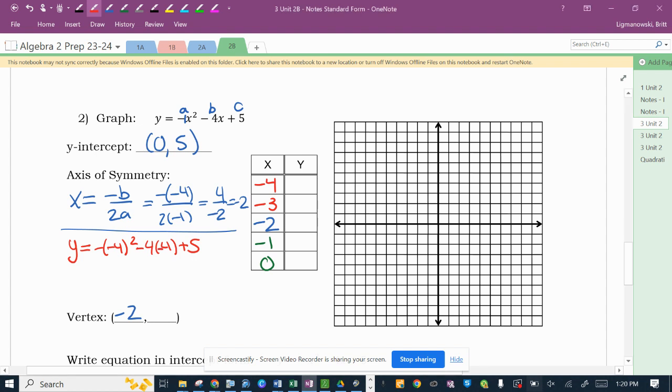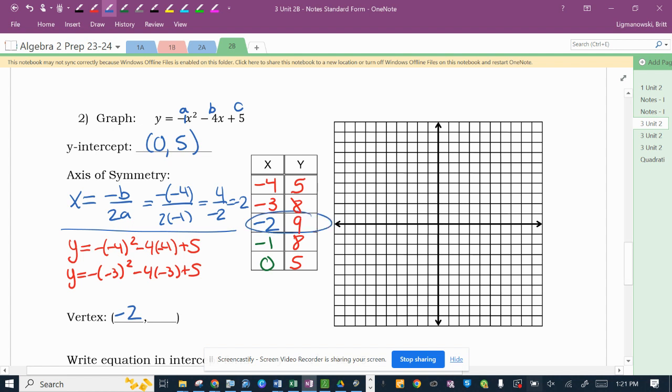Don't forget the negative. I'm just plugging this into the calculator for every single one. Okay, I'm going to get my table of values.